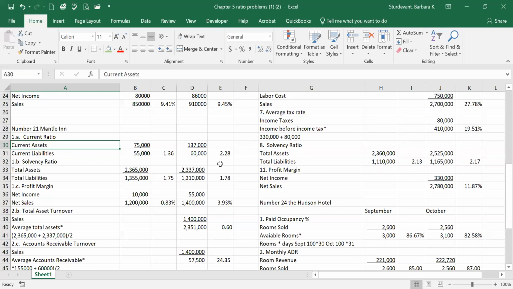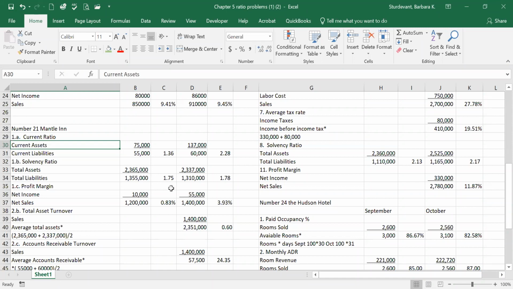But look at the solvency ratio, assets to liabilities. So again, now it's not half. So if this was a 2, it would mean half of our assets were financed by liabilities. So in this case, the equity piece is financing more of our assets.